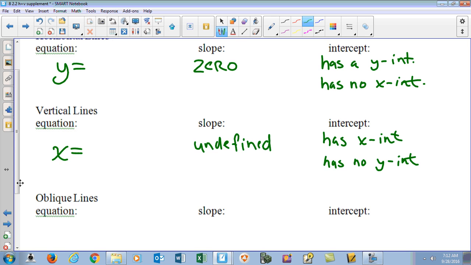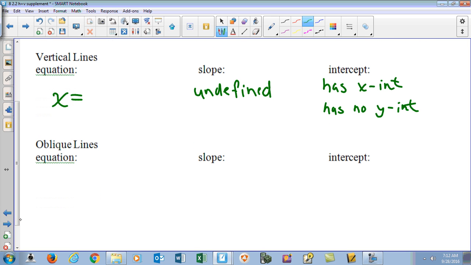And then last but not least, oblique lines. You don't hear this word used very often, but an oblique line is a line that's diagonal. Okay? So obviously the equation is y equals mx plus b.